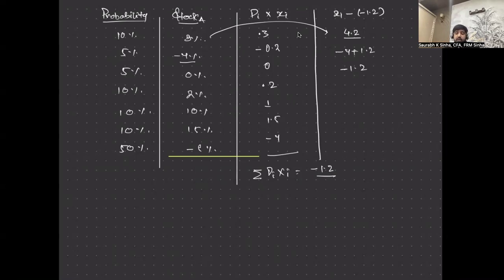So right now you're doing x minus mean. So 3 minus minus 1.2 becomes 4.2. Minus 4 minus minus 1.2 is minus 2.8.